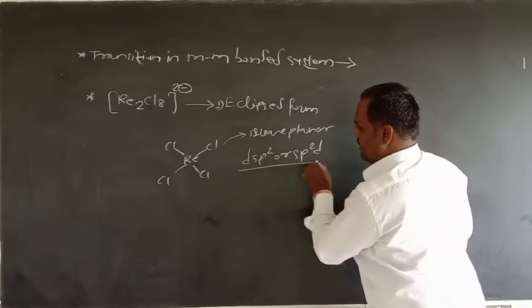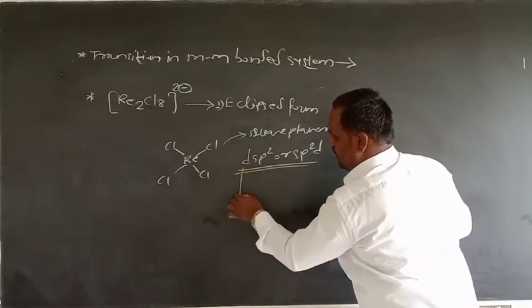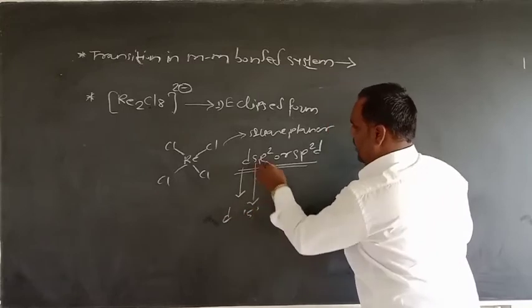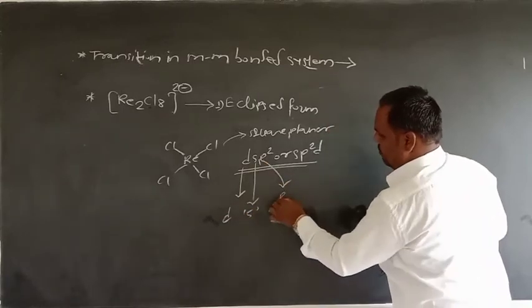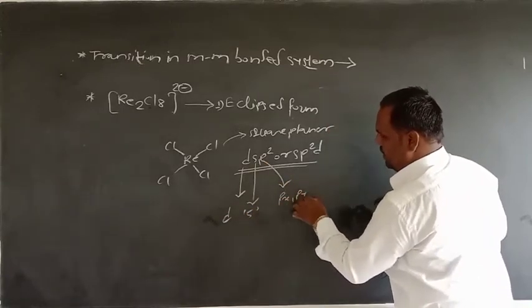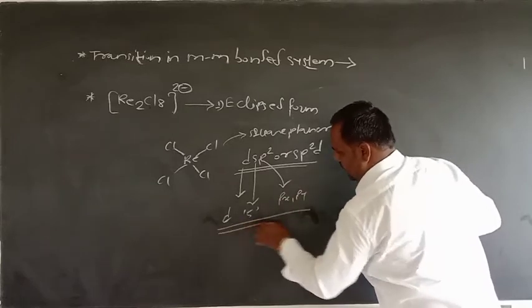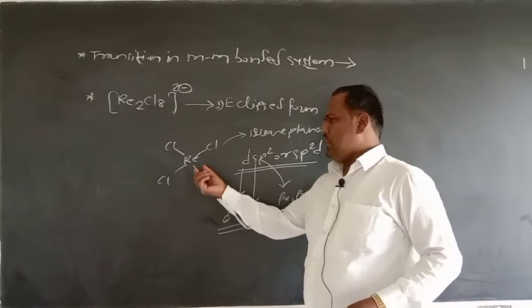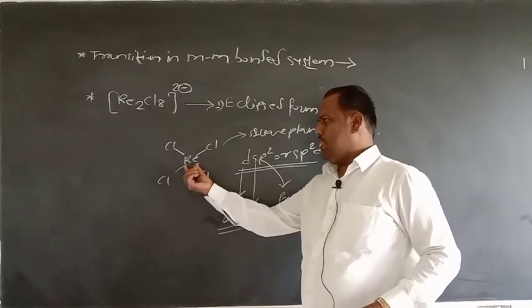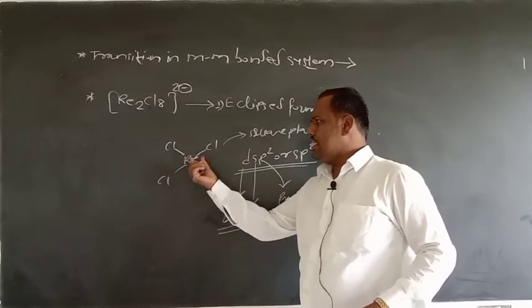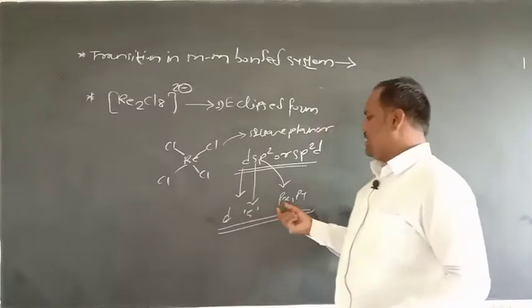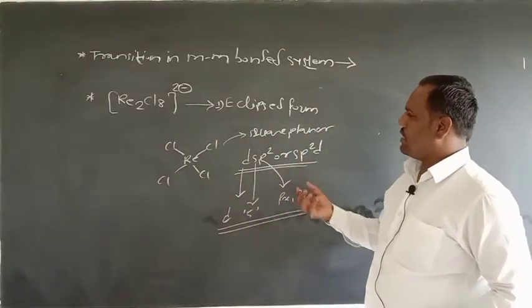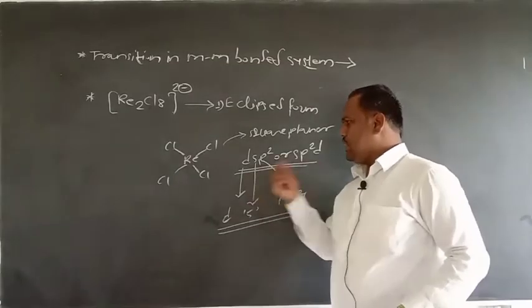So in this case, one d orbital, one s orbital, and two p orbitals, that is px and py orbitals, are involved in bonding. So the geometry or the shape of this ReCl4 is square planar, having hybridization dsp2.